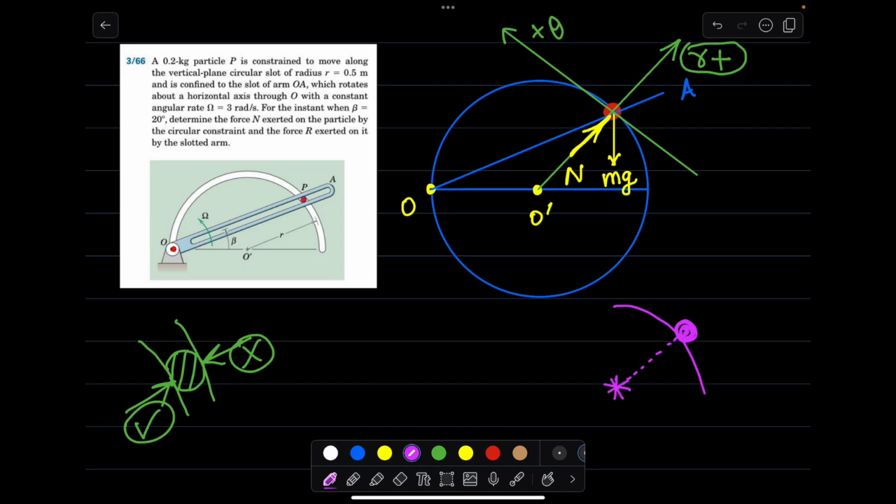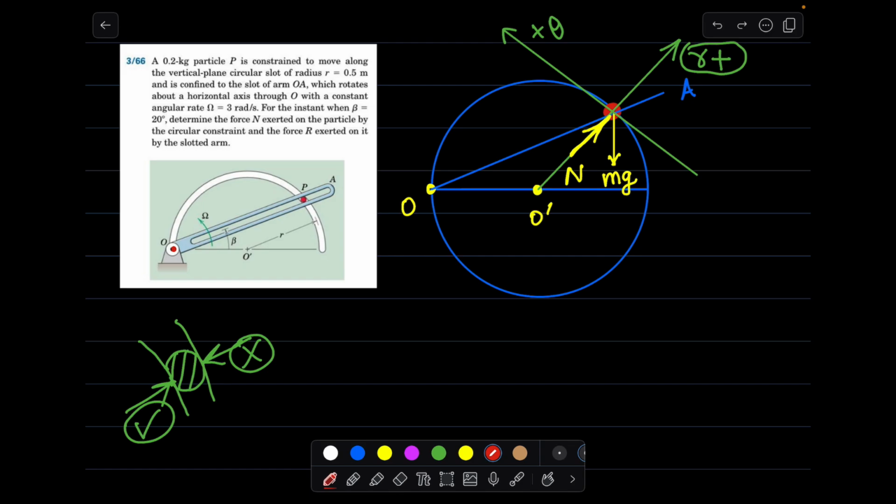If this is the center, I will connect it and say that the normal force will work on this line. Similarly, we have used the same concept here, and we made the normal force collinear with the R.